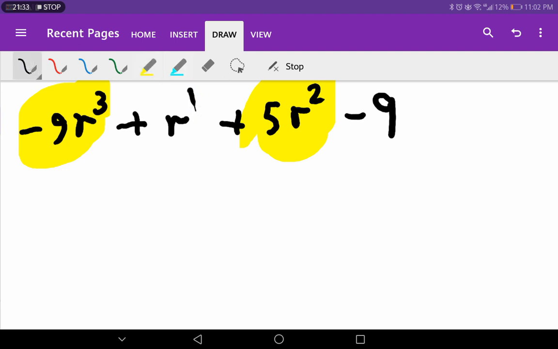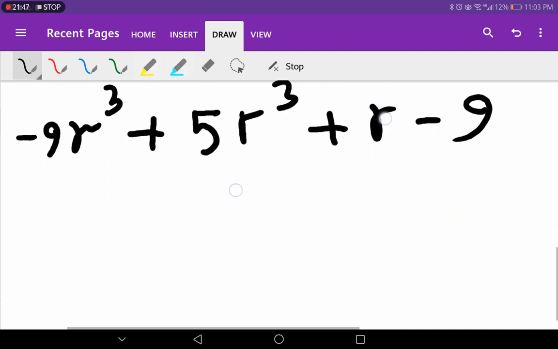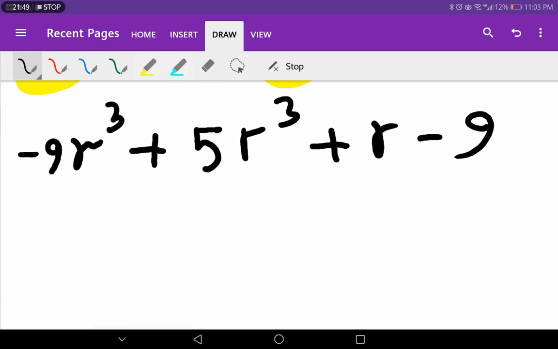So let us rewrite them again. 9r cubed plus, just switch their places, okay? Plus r -9. As you see, I ordered them. Now, this polynomial is written in standard form. Oh, sorry, this is 2.